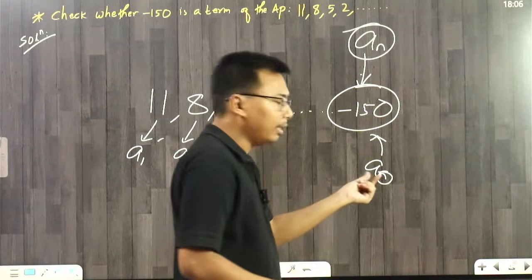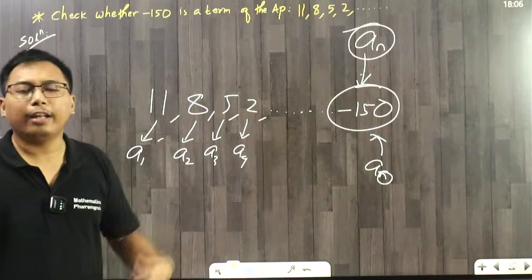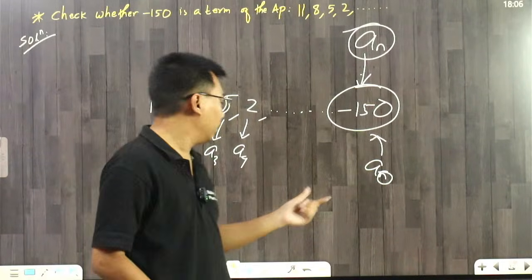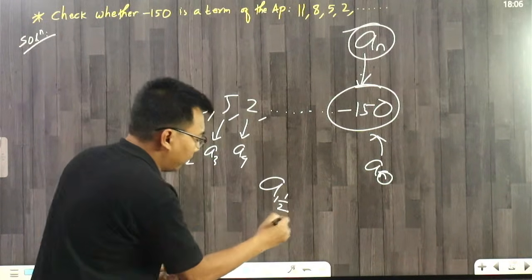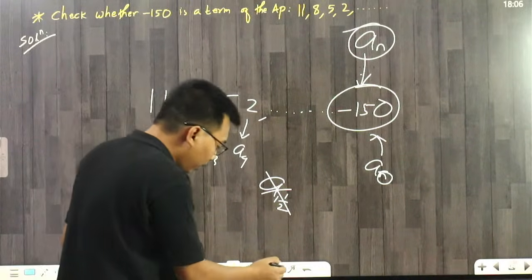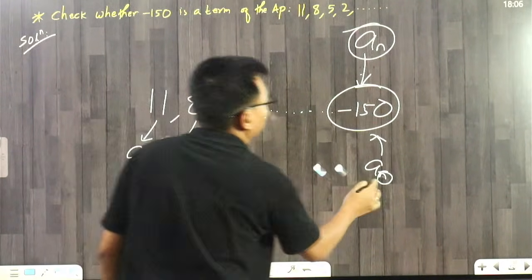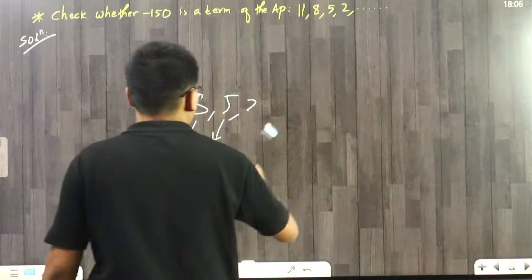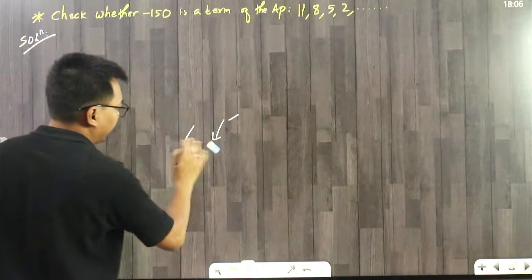This n will be a natural number. It has to be a natural number, we do not have a 1 and a half term. So let's see how to solve this type of question.